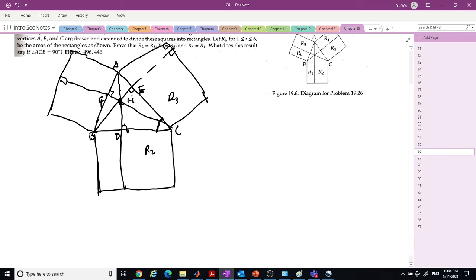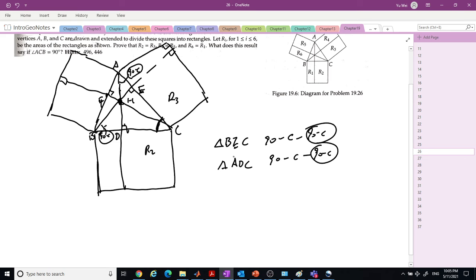This angle plus this angle C in triangle ADC is 180, so this angle is 90 minus C. And also this angle is 90 minus C. So triangle BEC has angles C and 90 minus C, and triangle ADC also has angles C and 90 minus C. So they are similar, right?